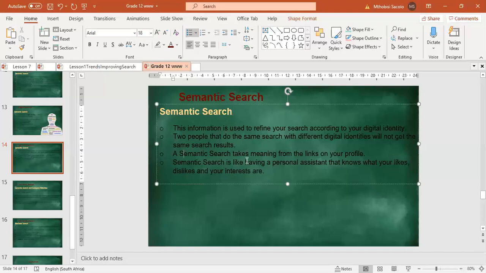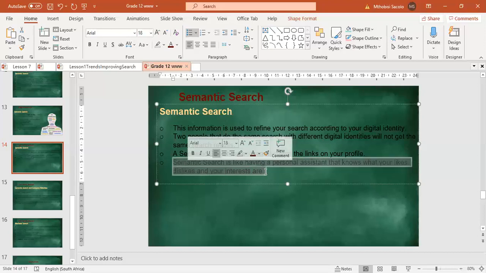A semantic search takes meaning from the links on your profile. So the links on your profile are what make the meaning here. Semantic search is like having a personal assistant that knows what you like, dislike, and your interests.